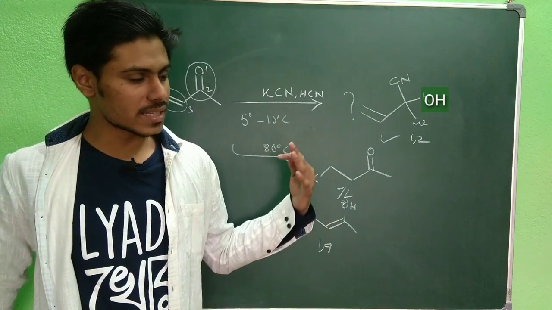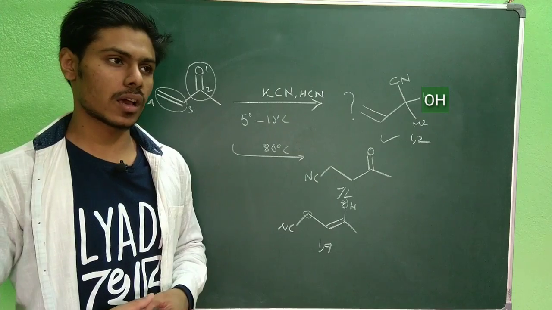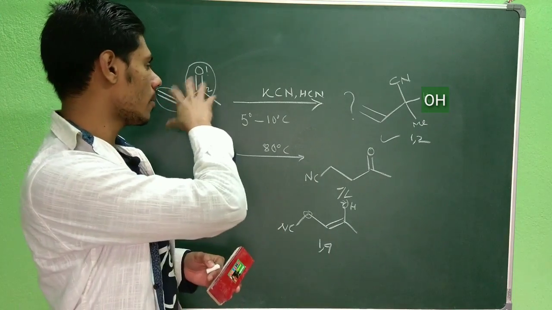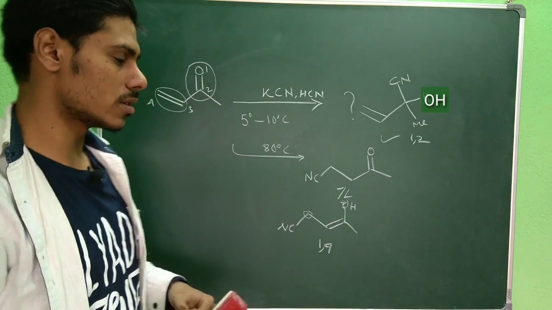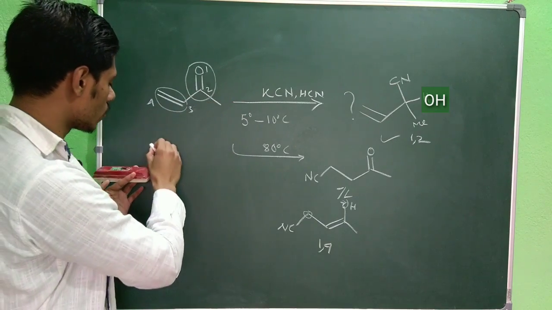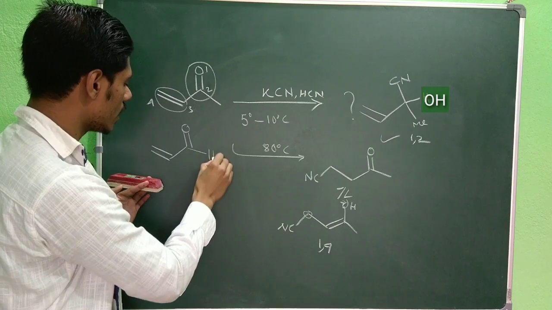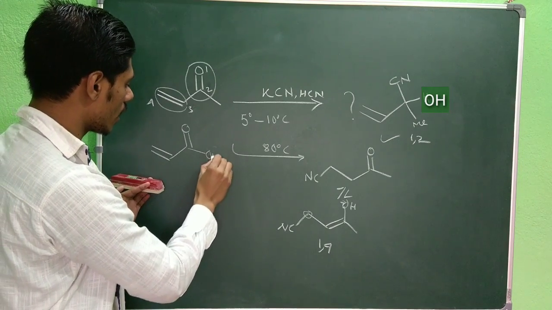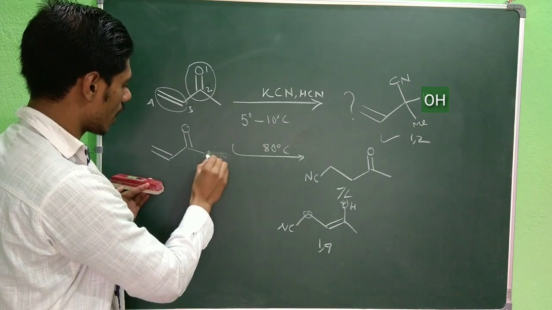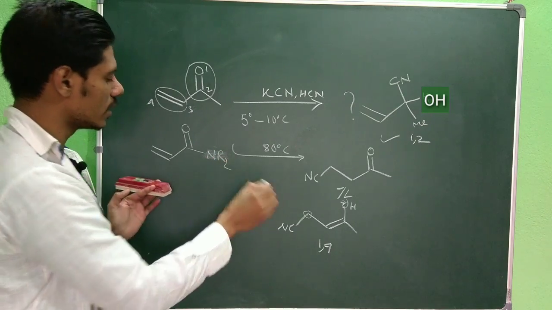From the discussion of this question, you understand that when you have an alpha beta unsaturated carbonyl compound, that compound may be an alpha beta unsaturated ketone as in the given question, or an alpha beta unsaturated aldehyde, or an ester, an acid chloride, an amide, anything.